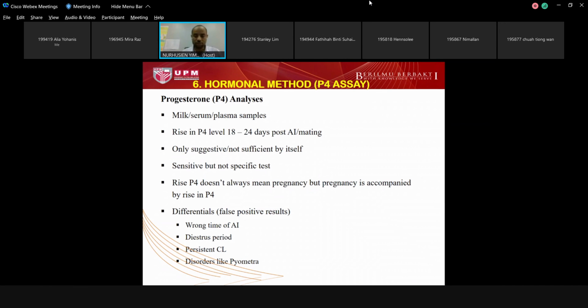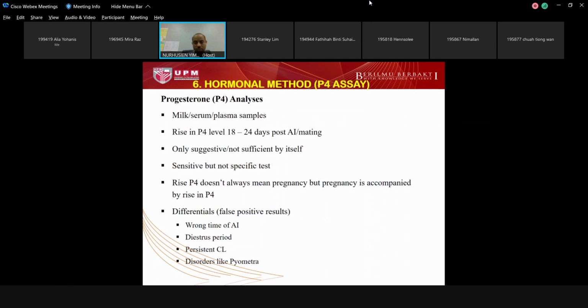You can take different types of body secretions as samples to be analyzed for progesterone. These samples include milk if the cow is lactating, but if it's a heifer where you don't have milk samples, you can take a blood sample. Serum or plasma can be used to determine the concentration of progesterone. The progesterone level depends on the time of sampling, and of course the concentration will be variable.